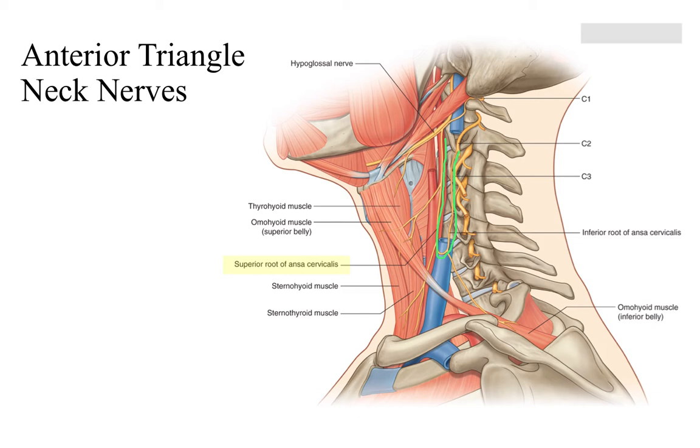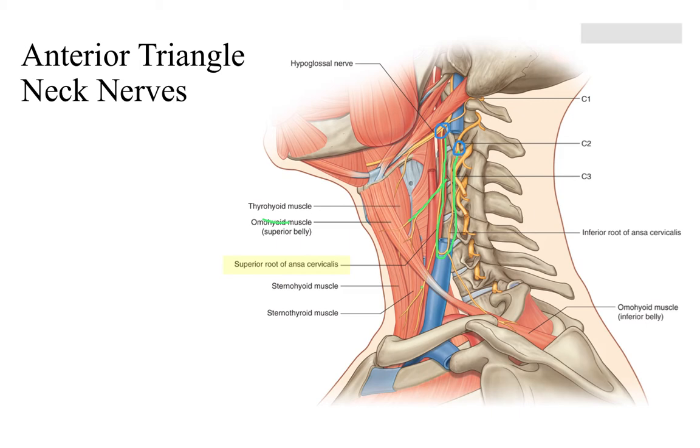And the muscles that we just talked about, the omohyoid and the sternohyoid, would be innervated by the superior root of the ansa cervicalis because they're located more anteriorly as the superior root is. And just for reference, it is called the superior loop because it begins more superiorly than the inferior loop. If you're thinking of why superior and inferior when it's anterior versus posterior, that's the reason why.